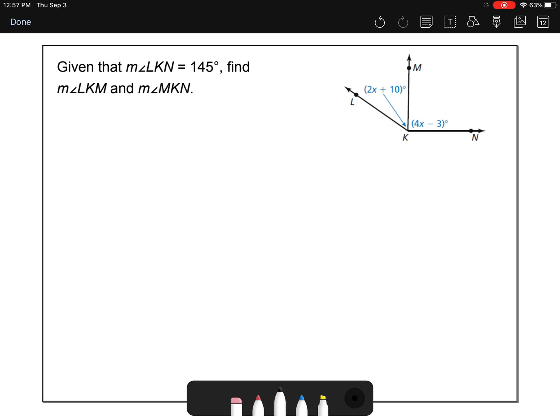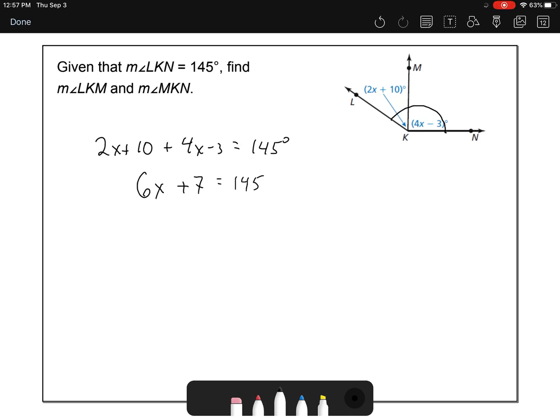So, given that, let's say angle LKN is 145 degrees. So that is all of that. So it stands to reason that 2x plus 10 plus 4x minus 3 is going to equal 145 degrees. Now, since all the x's are on the same side, we can combine them.